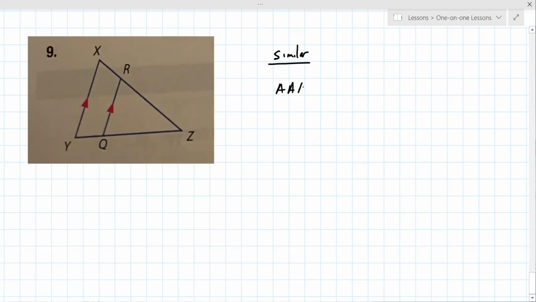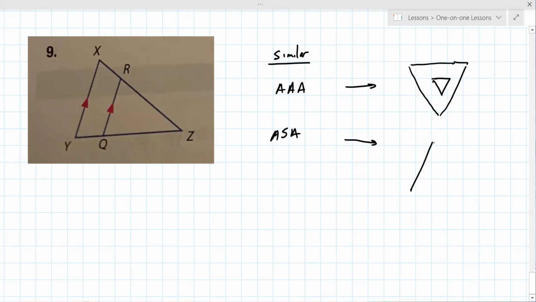Okay, so there's angle, angle, angle, and an example of that would be a triangle like this, and then a triangle like this, because they're basically centered the same. And the other one is side angle side, and that one is generally something like, here's my triangle, and then here's another triangle like that. They share a point.